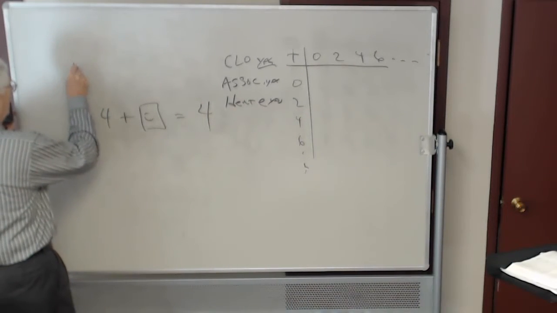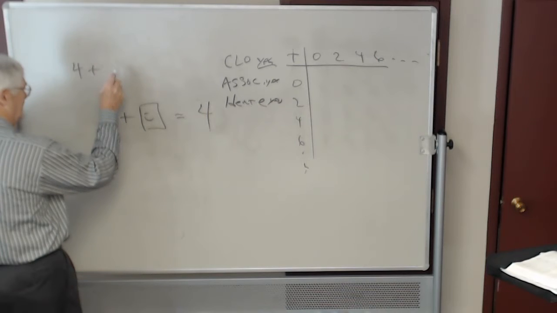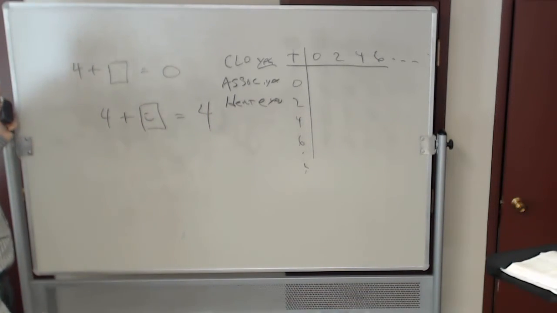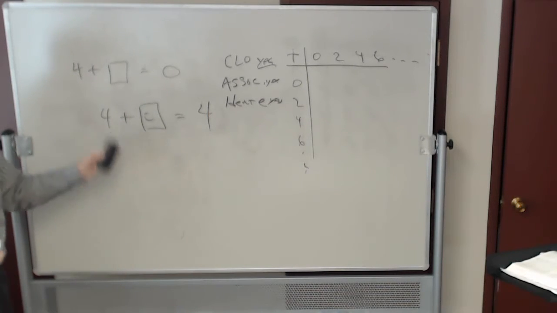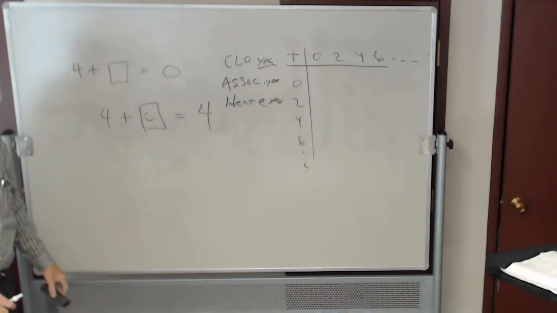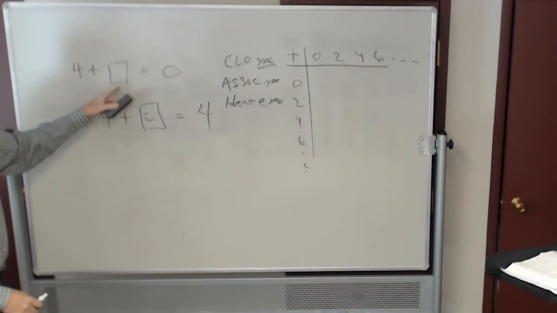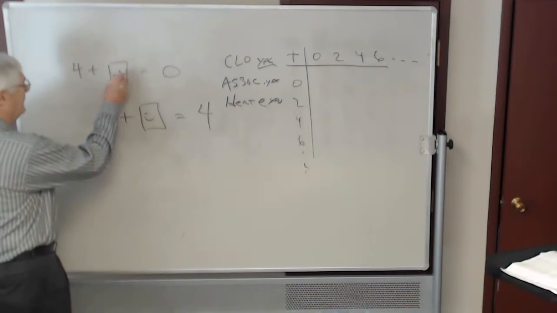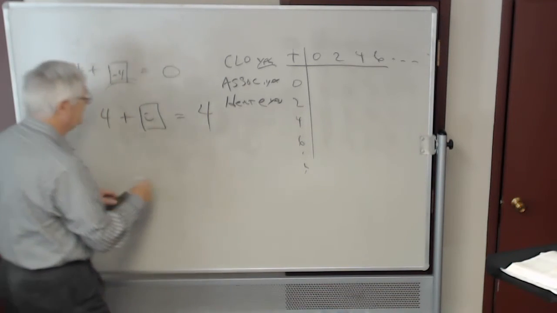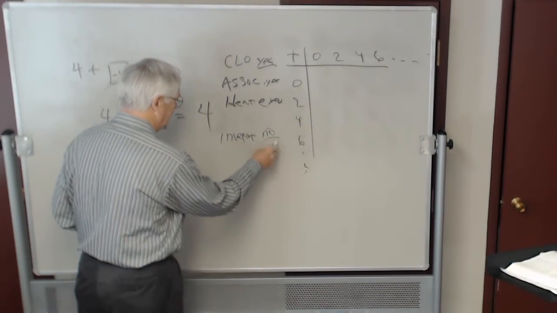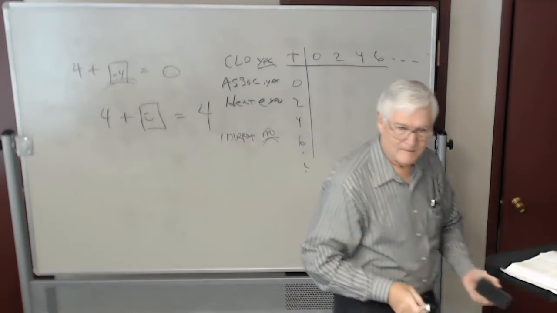So, does 4 plus something equal 0? Isn't that what inverse means? You operate on a number and get the identity element for the answer. 4 plus what equals 0? Oh, 4 plus negative 4. Negative 4. Whoops. Inverse. No. You follow what happened? Yeah.